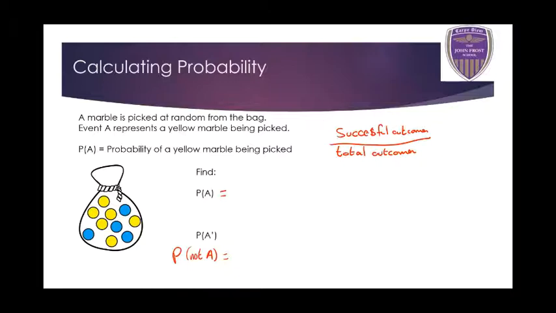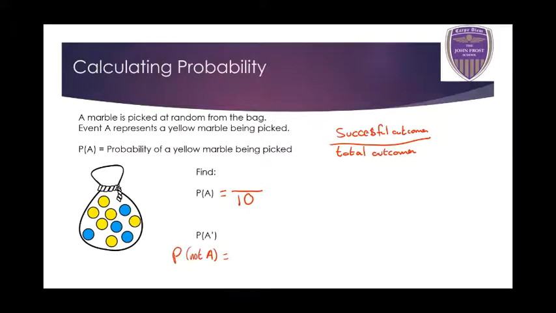You can do this either way, it's up to you, as long as you remember which number goes on top and which one goes on bottom. Let's stick with the bottom number first. How many total outcomes are there? In other words, how many marbles are in this bag? Well, you count them up. You've got 1, 2, 3, 4, 5, 6, 7, 8, 9, 10. We've got 10 marbles in this bag. So the total outcomes is 10. There are 10 total marbles in the bag.